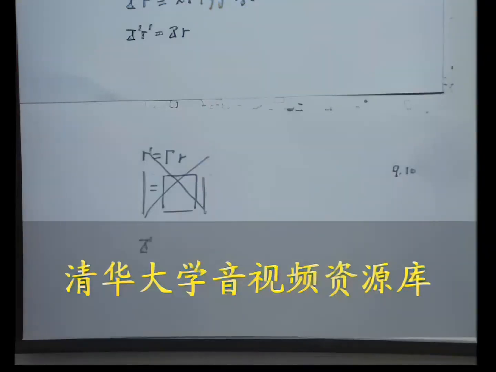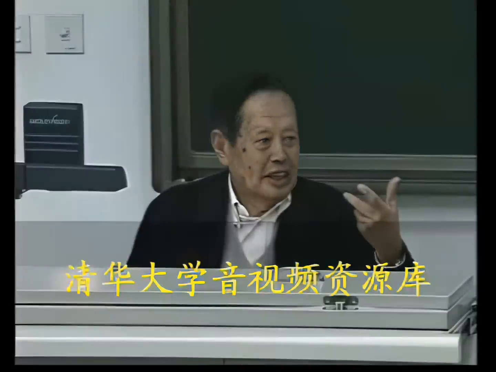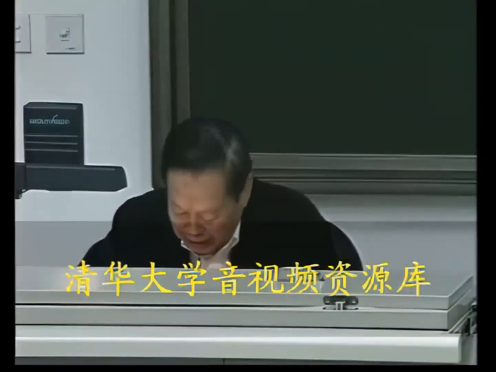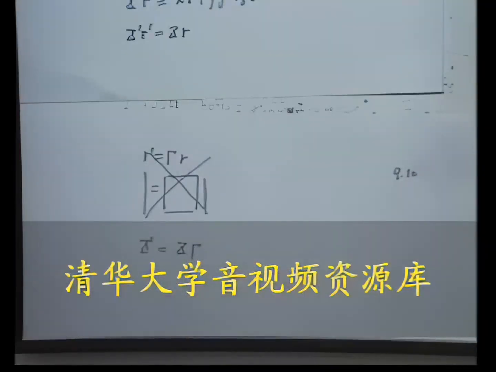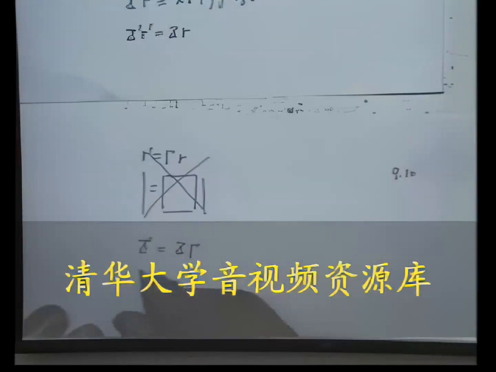And j prime is the new y-axis, is a linear combination of the i, j, k. k prime is a linear combination of i, j, k. So therefore, x prime is equal to x times a matrix gamma. This is a row, this is a row, this is a column.